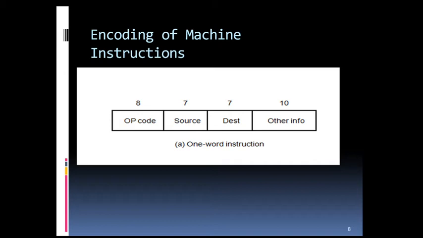The other info field allows us to specify additional information that may be needed, such as the index value or an immediate operand. So we have opcode, source, destination, and other information. The opcode uses 8 bits, source and destination are allotted 7 bits each, and for other information like an immediate value or the index value as a signed integer, 10 bits are reserved. So this is a one word instruction, and one word means 32 bits.